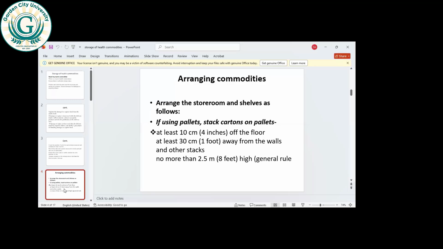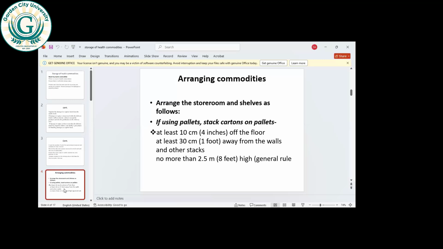You shouldn't put the box or the carton on a bare floor. You need some platform, or pallets, and it should be at least 10 centimeters above the ground floor. And then it should be 30 centimeters away from the walls or the stacks.